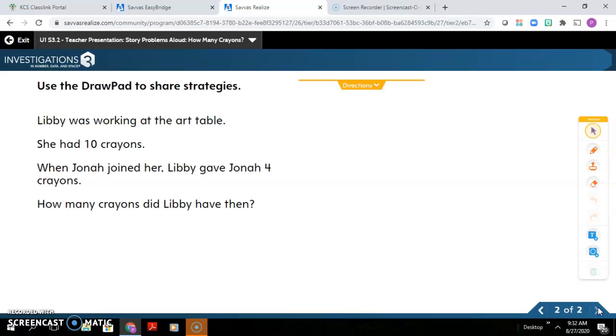So think about these different strategies that we did in problem 1, where you could count or draw all your 10 crayons, take away 4. You could count back from 10, either starting with 10 and drawing 4 lines, or you could even take your 10 fingers and put 4 down and see how many fingers you have left.